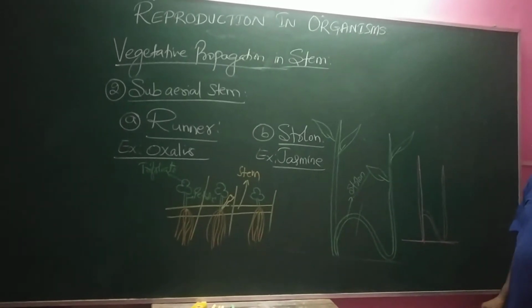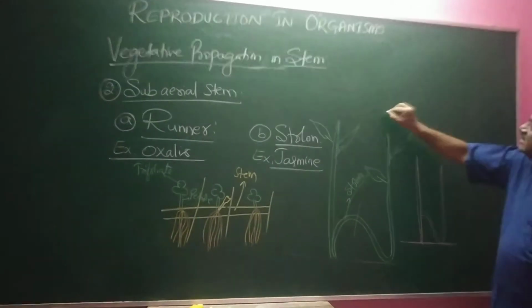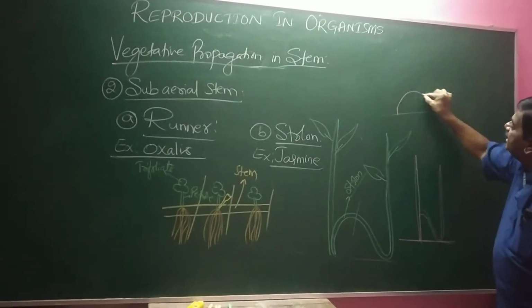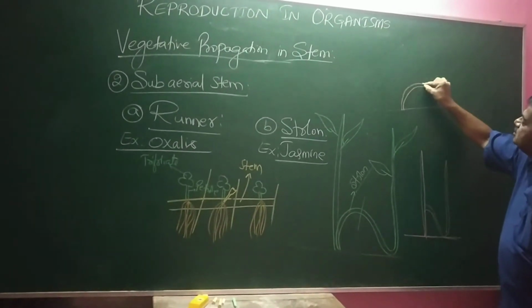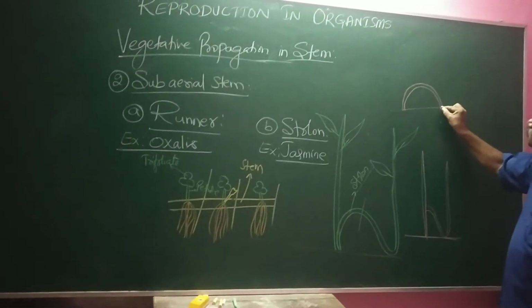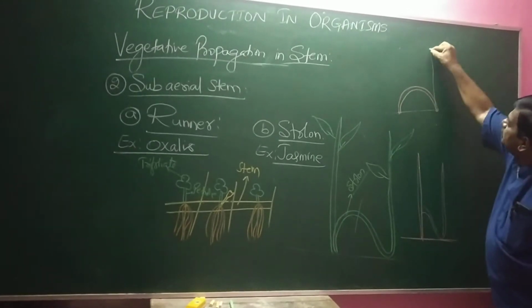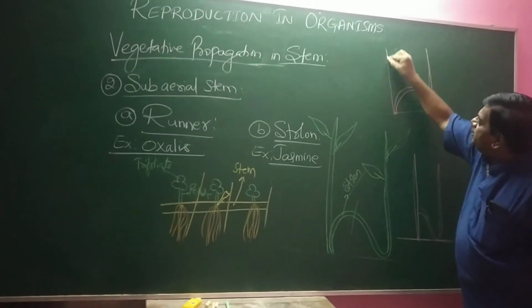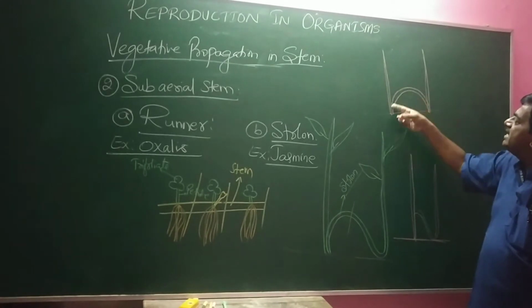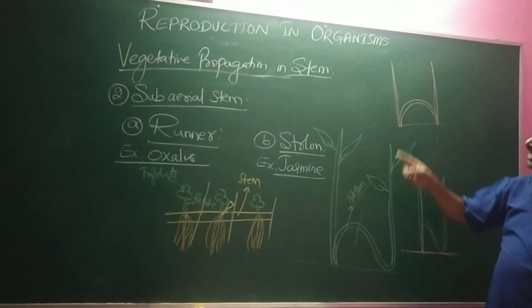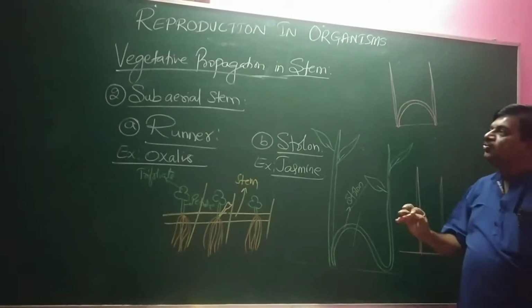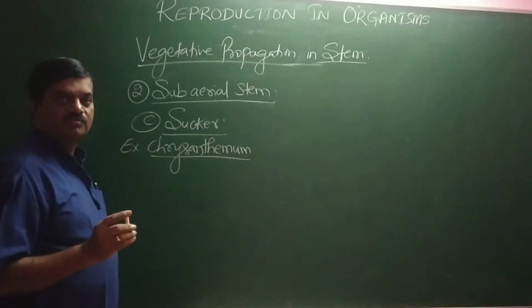Majority of the people who grow this keep the stem in elevation like this. Both edges of the stem are dipped into the soil, so that from here the branches will start. So this elevation, called stolon, helps in vegetative propagation.